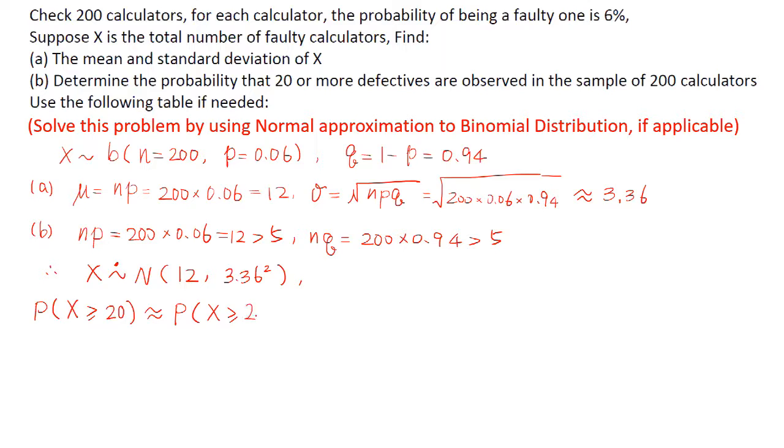Because 20 is a lower limit, we need to minus 0.5, right? There is no upper limit, so you can leave the upper limit of the correction. We only need to correct the lower limit here because 20 is only a lower limit.